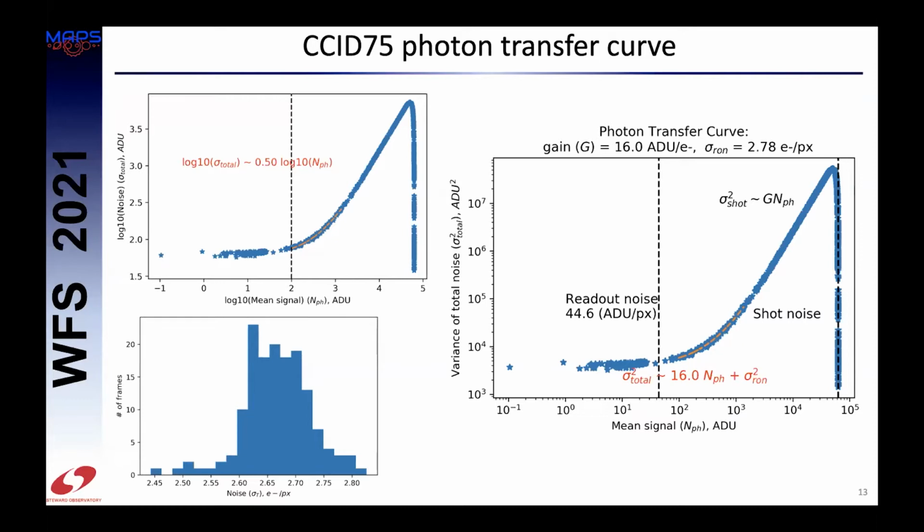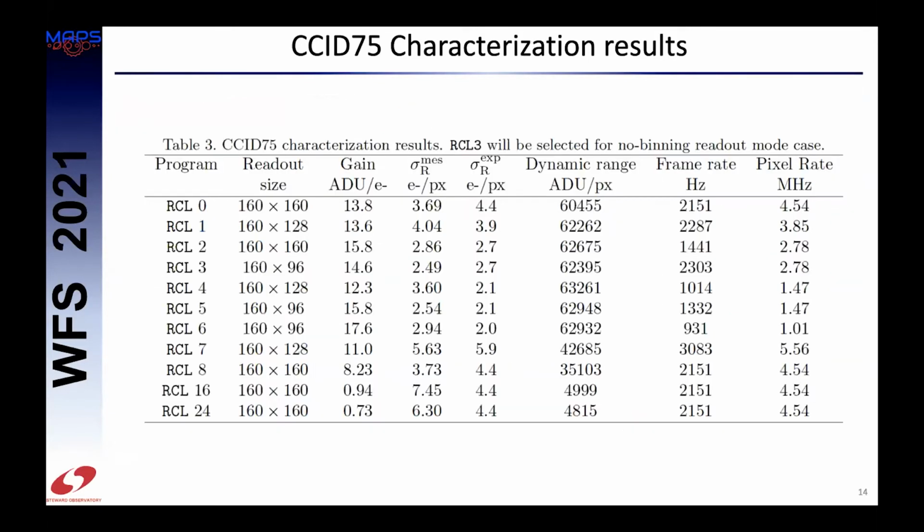The CCID-75 camera gives below 3 electrons readout noise, which is within our specifications. There are some numbers for readout noise for different modes.